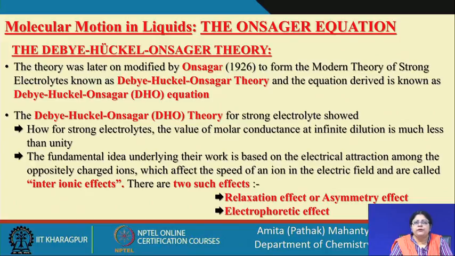So, for a strong electrolyte, the observation is that molar conductivity depends on the square root of the concentration of the electrolyte, and the fundamental idea behind this is the electrostatic attraction among oppositely charged ions, which affects their speed in an electric field.